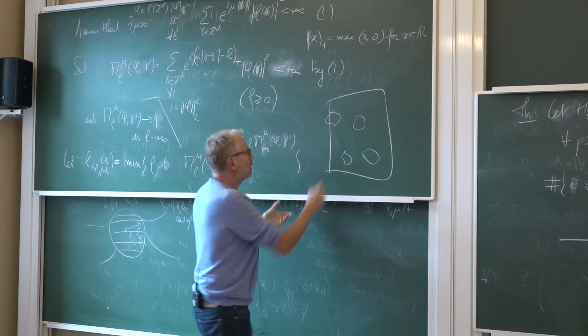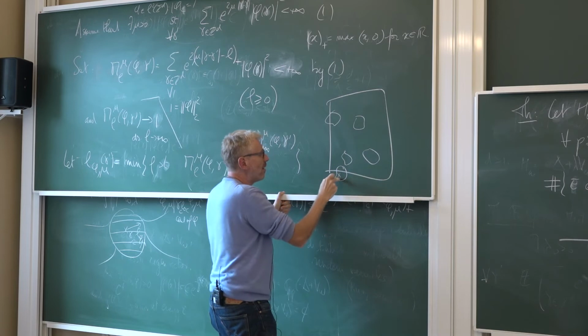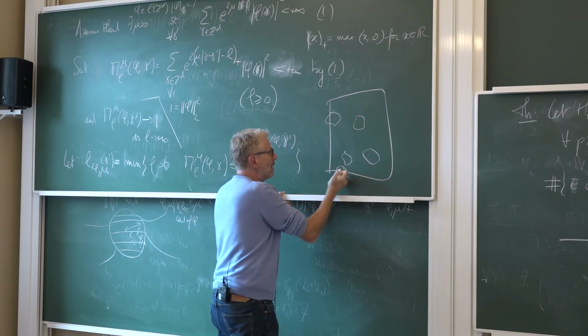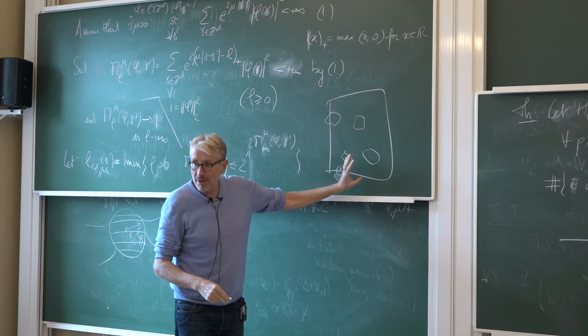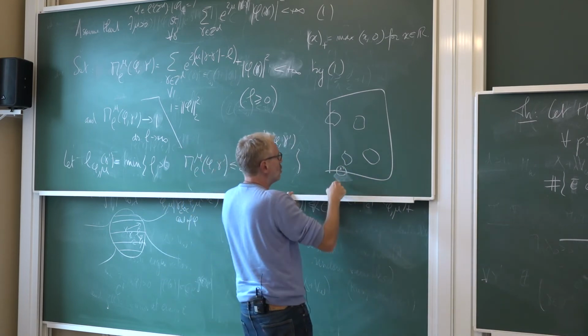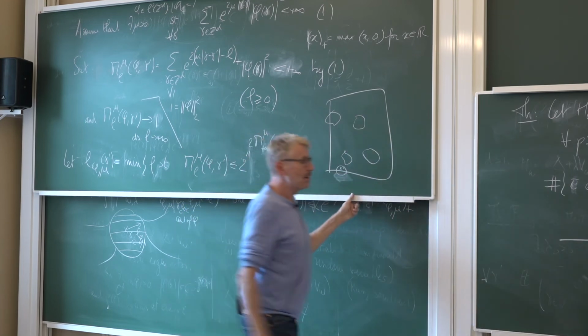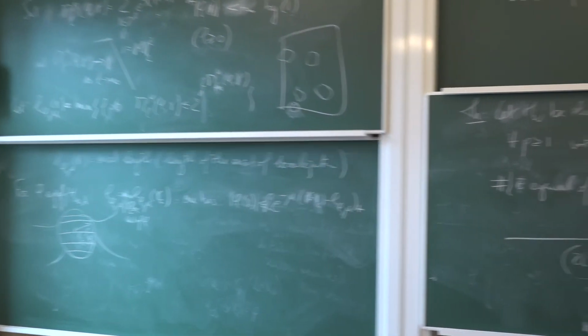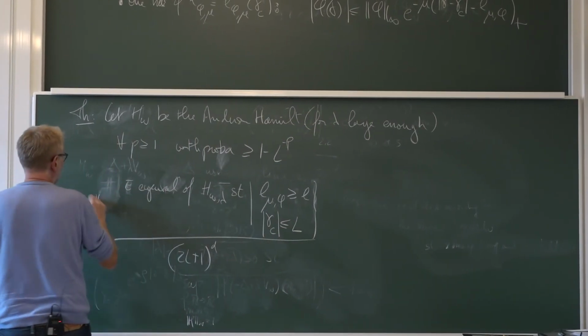Because they are localized, if they live here, not very far away, the localization center, there may be some part of it outside, but the number of them you're sure is of order 2L plus 1 to the d. The order of the size of the box, exactly, the size of the box.